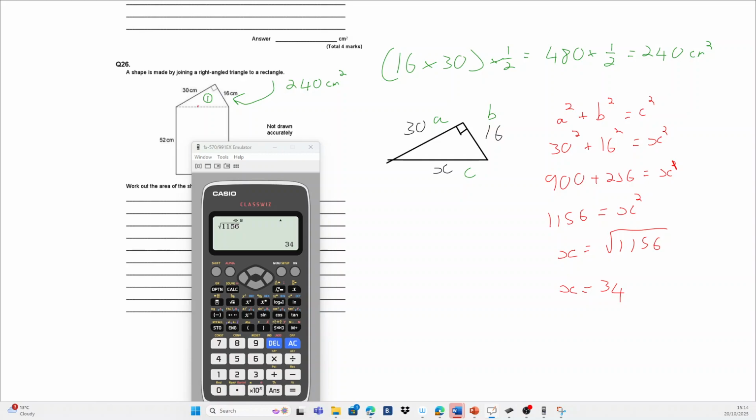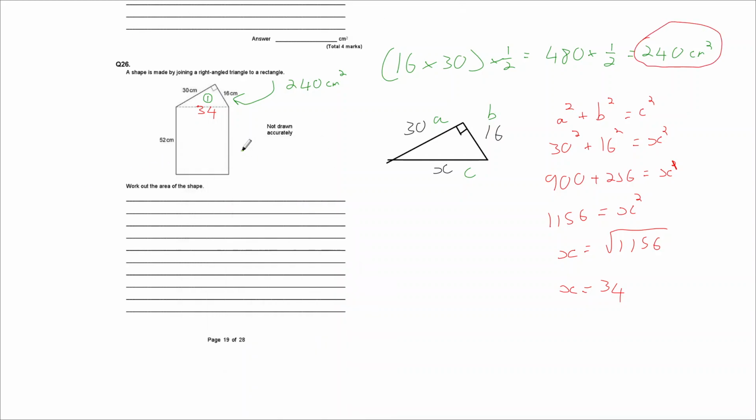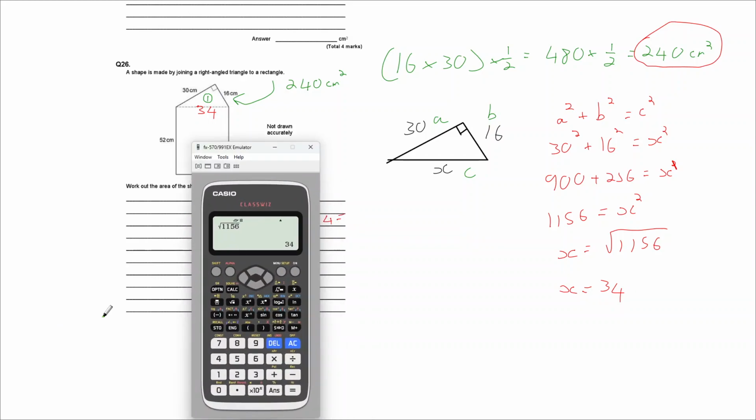So now this length over here is 34. To get the area of the rectangle, just to make it really clear, the area of the triangle was equal to 240. Now the area of the rectangle is going to be equal to 52 times 34, which I'm going to put into a calculator just to make it a bit quicker.